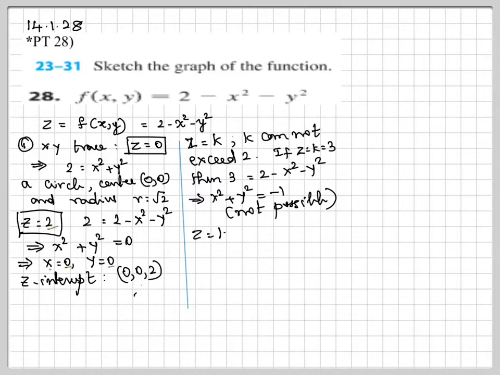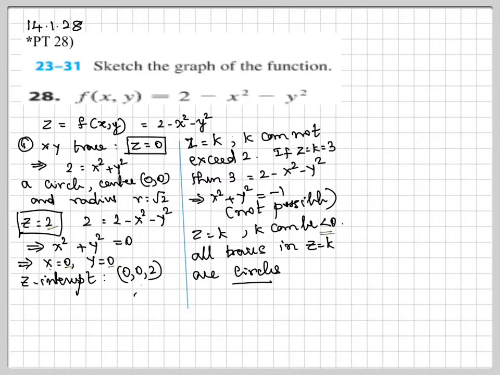So we will see whether it is highest or lowest. Can z equal to k be less than 0 as well? K can be less than 0.